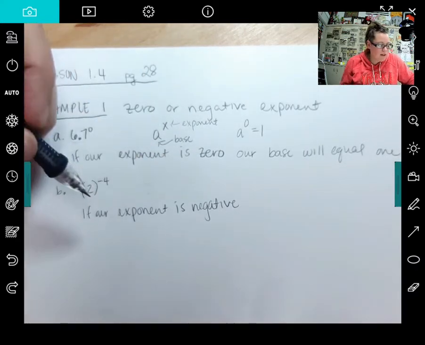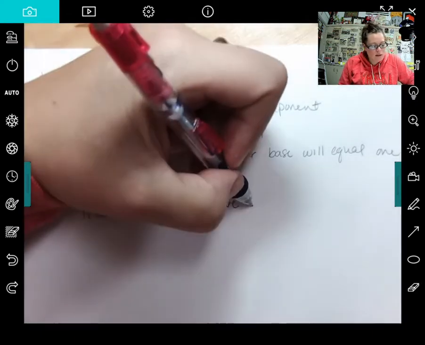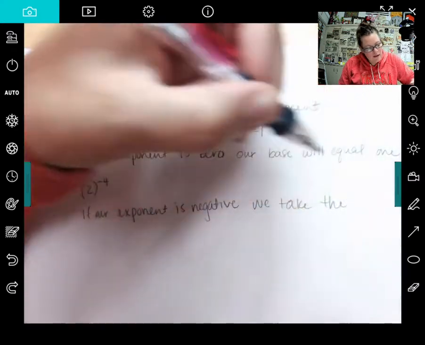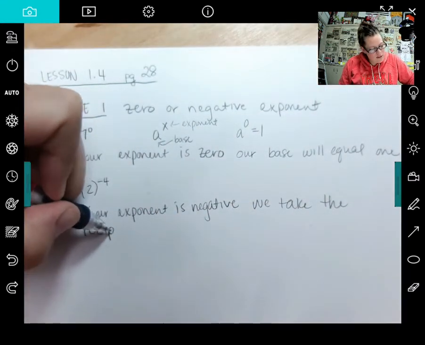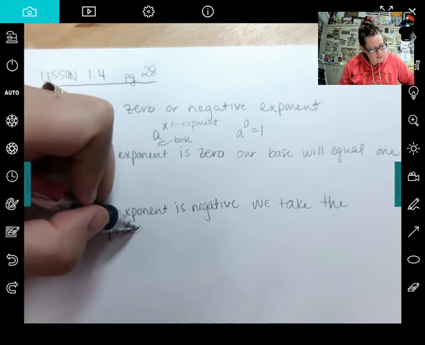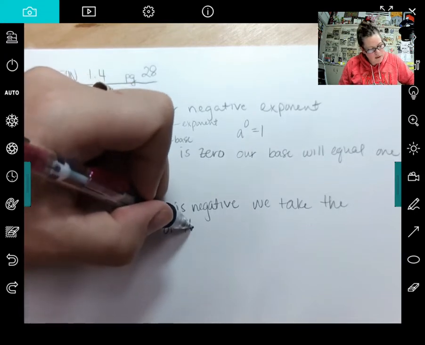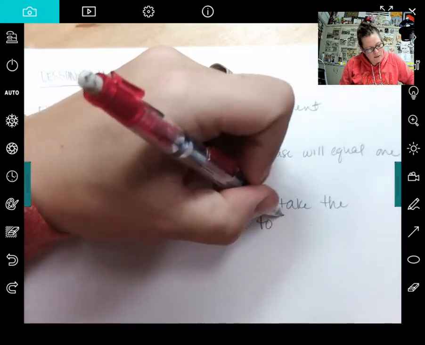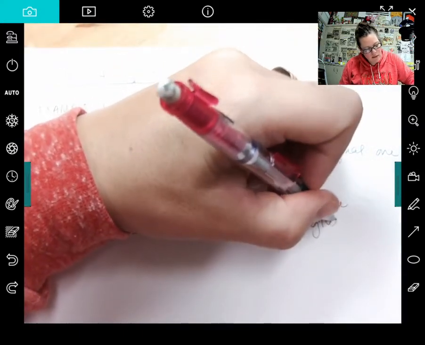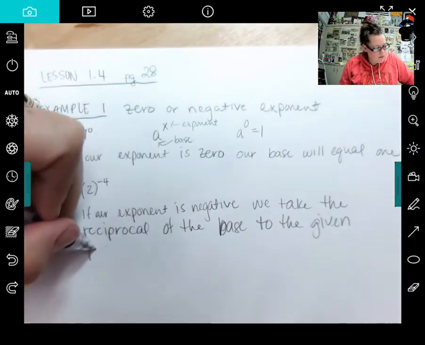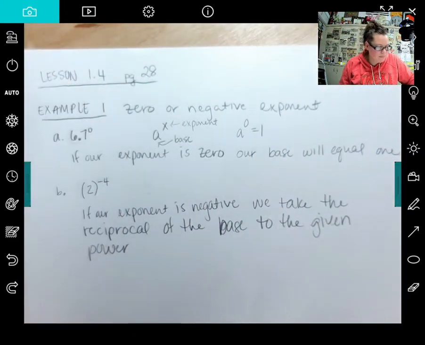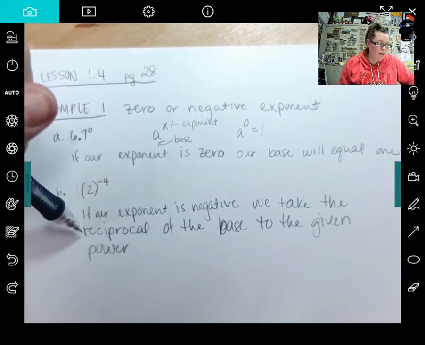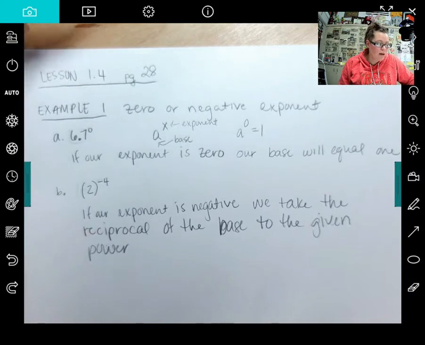If our exponent is negative, we take the reciprocal of the base to the given power, to the given exponent.